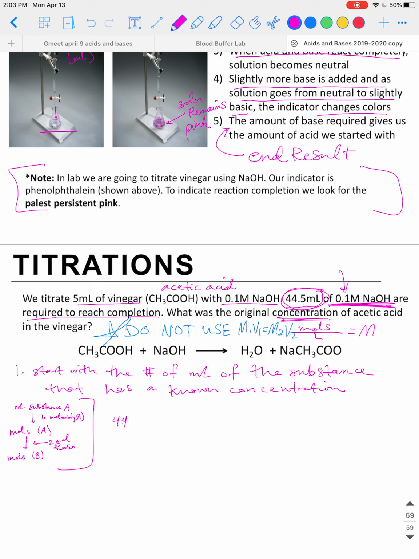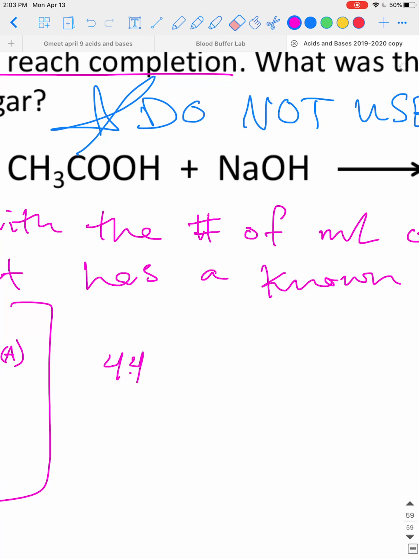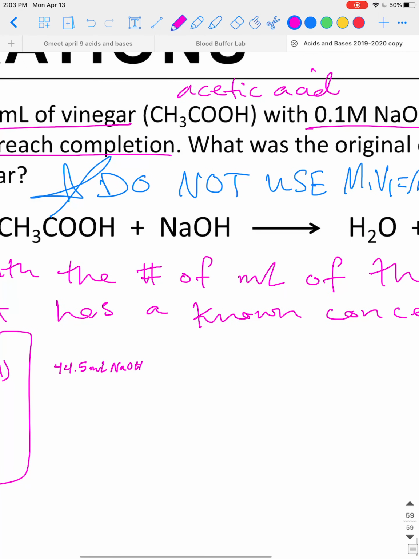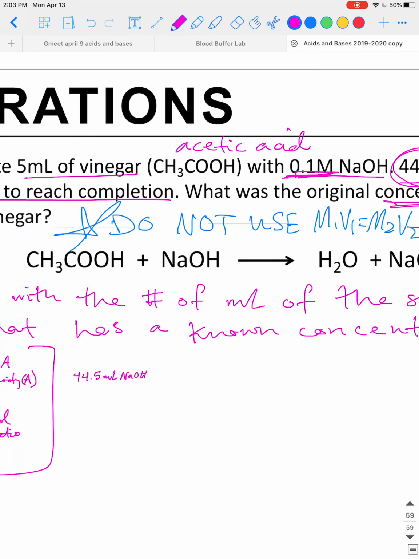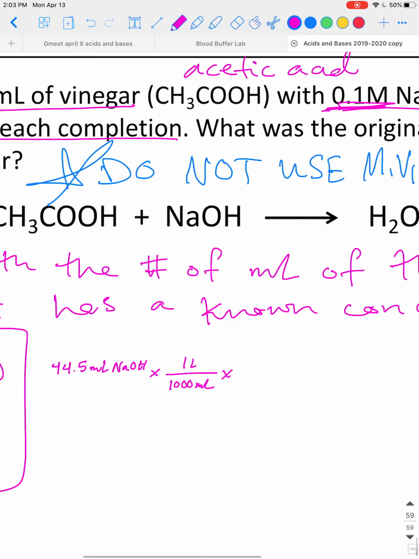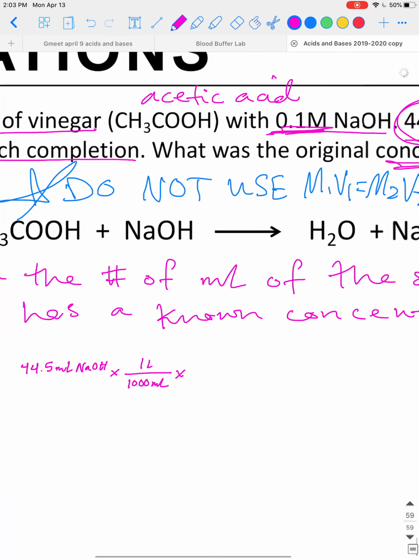So start with the volume of substance A, which is 44.5 milliliters. To use the molarity that's given to us in the problem, 0.1 molar, we need to be in liters. So we know there's 1,000 milliliters for every 1 liter.